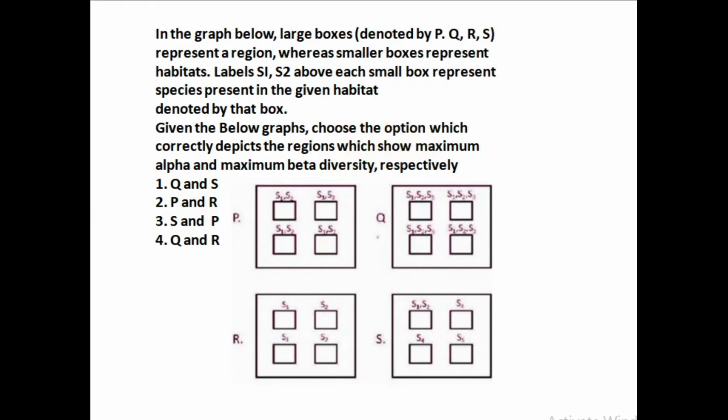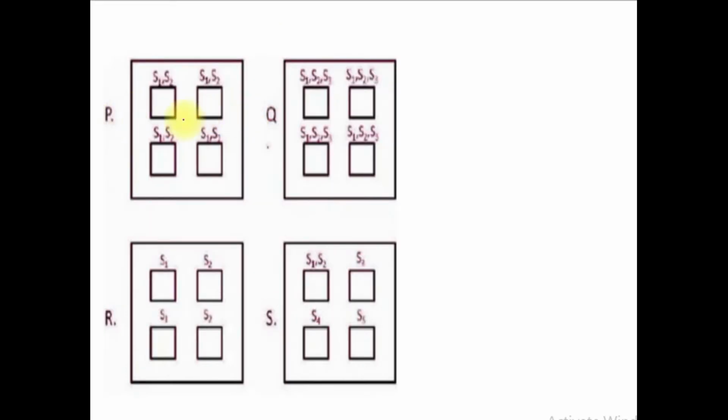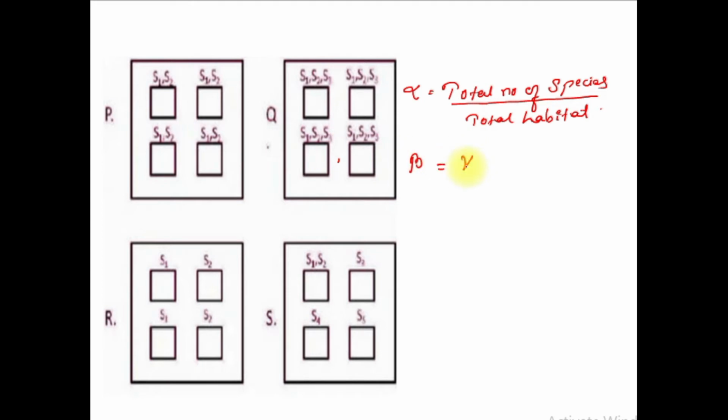Alpha diversity is the total number of species divided by total habitats. Beta diversity is gamma by alpha, so for calculating beta we first have to find gamma. Gamma is the total number of varieties.